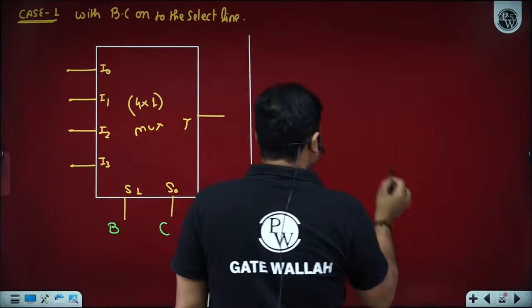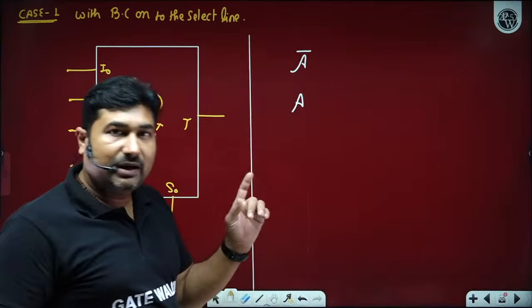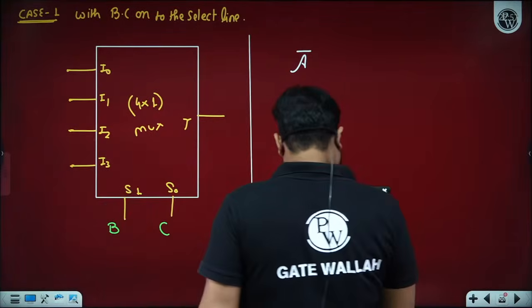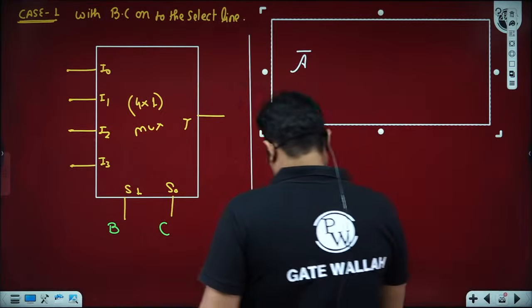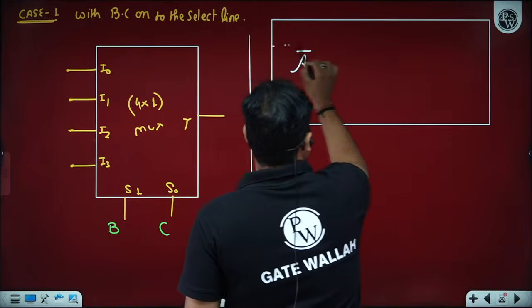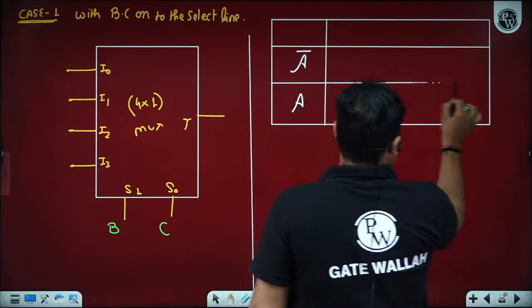Now please observe, I am listing the inputs of the mux in 2 different rows. What we can apply at the input is either A bar or A. So A bar and A in 2 different rows. Please observe very carefully, beta ji.